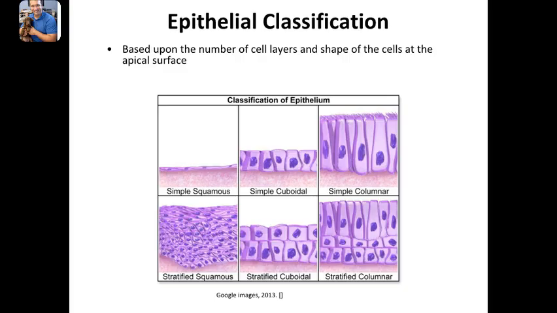Different classifications of epithelium: simple squamous, cube cells, column-shaped cells. And then there's multiple layers, and that's known as stratified, like we're looking at the side of the Grand Canyon here, right? There's different layers of rocks and sand and stuff that's been deposited.